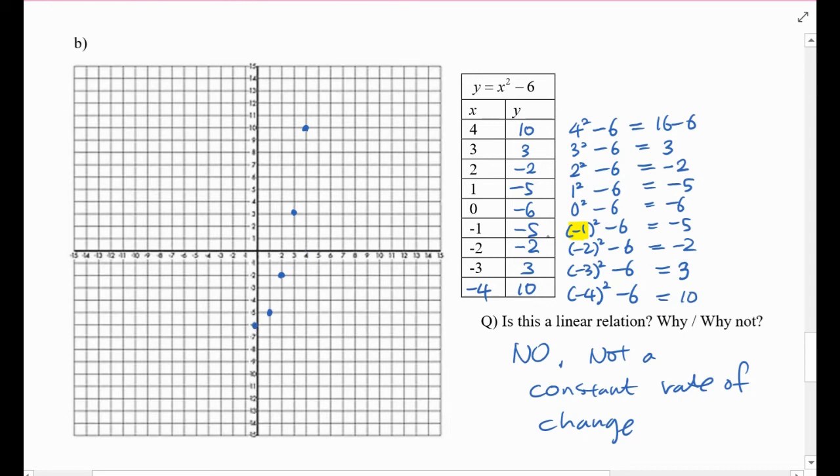Negative 1 comma negative 5 here. Negative 2 comma negative 2 here. Negative 3 comma positive 3 here. Negative 4 comma 10.